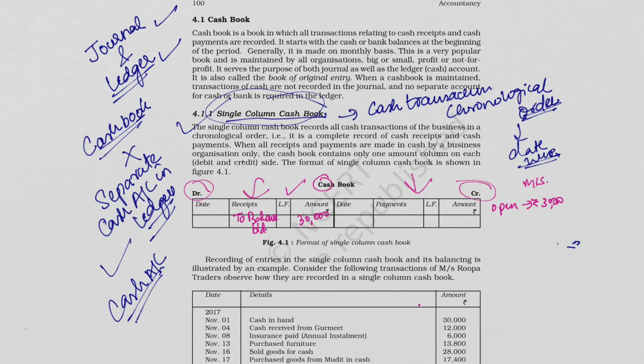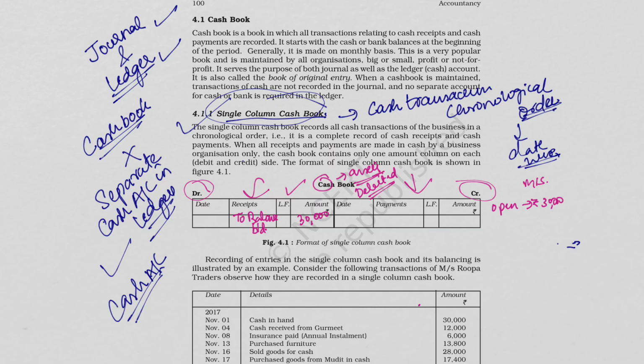Because cash is an asset, and whenever there is an increase in an asset, it is debited. This concept we have explained in the third chapter. If you have not seen the video, kindly go through it, because you will not be able to understand some of the concepts discussed in this chapter otherwise.